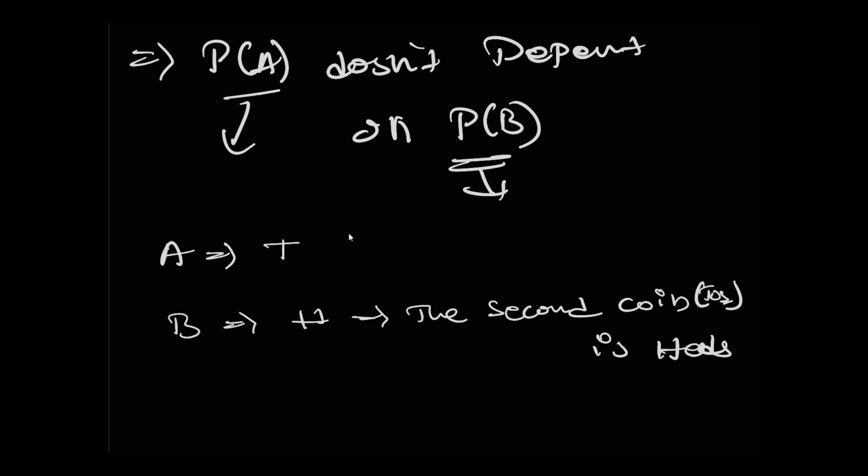The event A is the first coin toss is tails. Now, whether the first coin is tails or heads does not change the value of whether the second coin will be head or tail. So these two are independent.